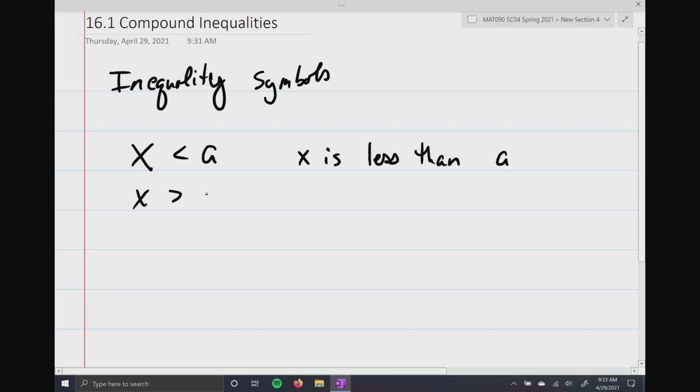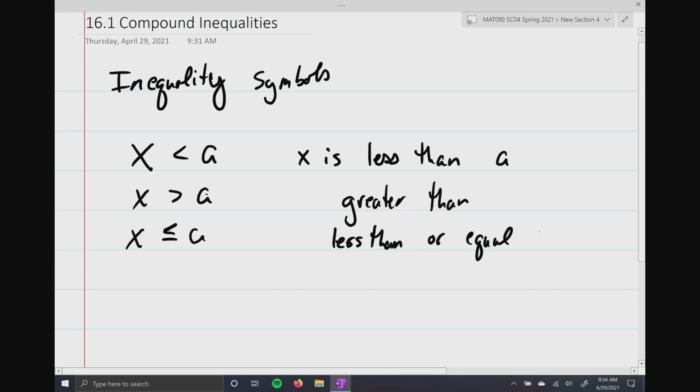X is greater than a. X is less than or equal to a. And then x is greater than or equal to a.